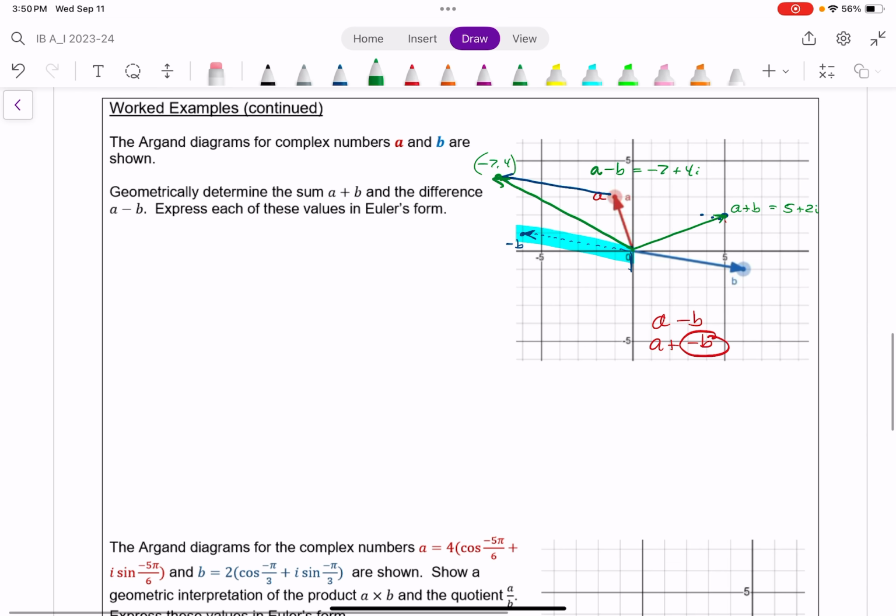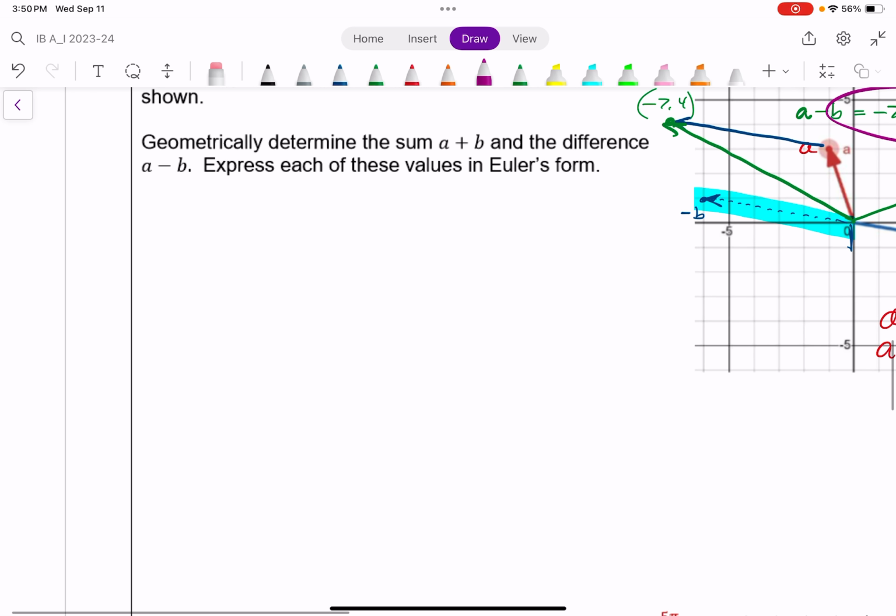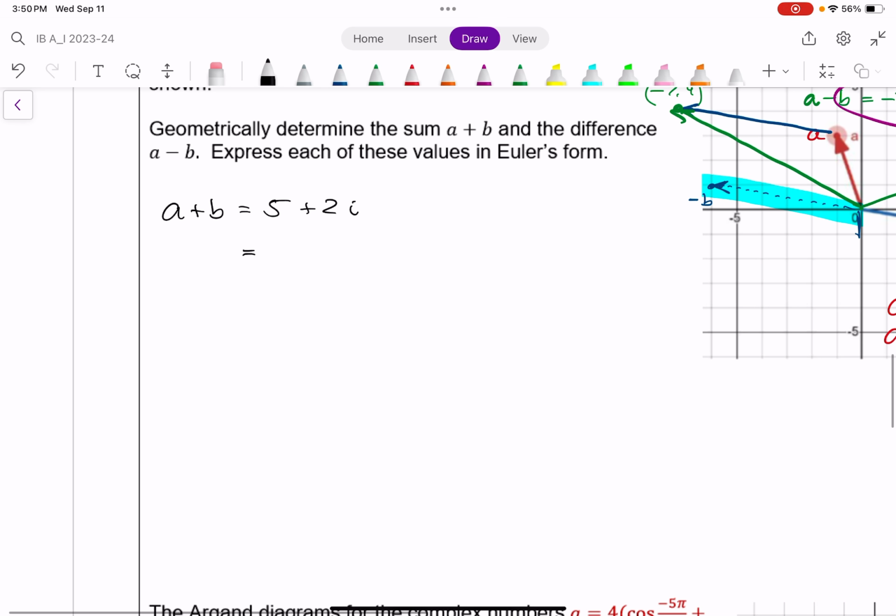And so lastly, it does ask to write each of these in Euler form. We've done that sort of stuff a lot, so I'll just pretty much jump straight to the answer. But those are the two in Cartesian form. And so in Euler form, A plus B, again, I'll start with 5 plus 2i. At this point, we've talked about this many times. Feel free to use your GDC if you're not asked for an exact value.